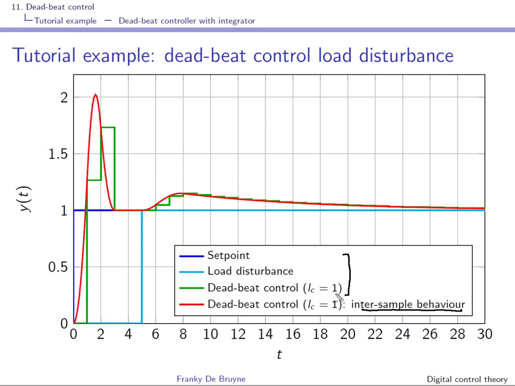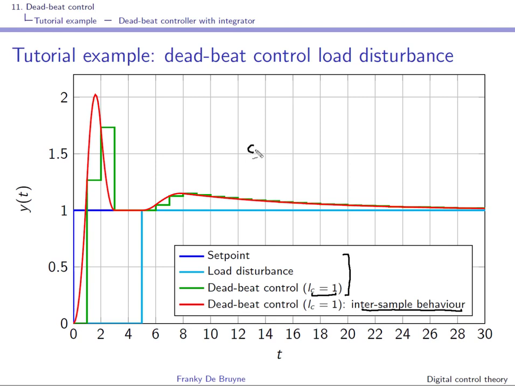And this time, since we have an integrator in the controller, you can see that the output returns to the set point, although the convergence is very, very slow, and this is because we have cancelled the slow pole in our design.